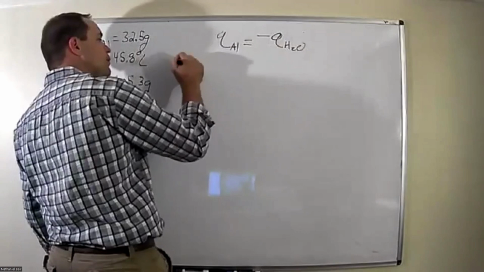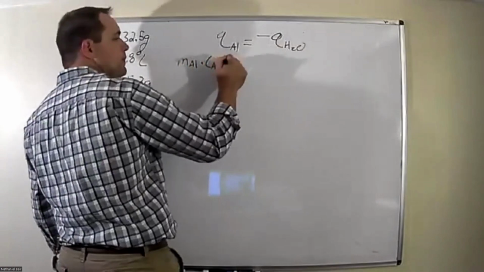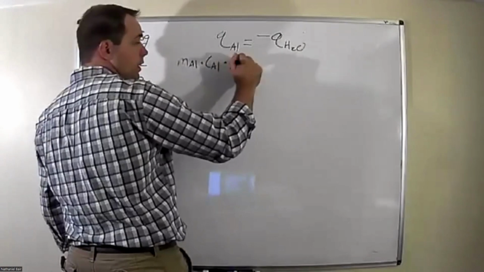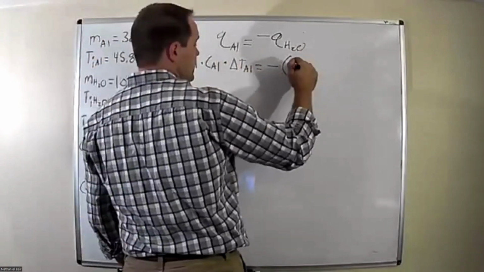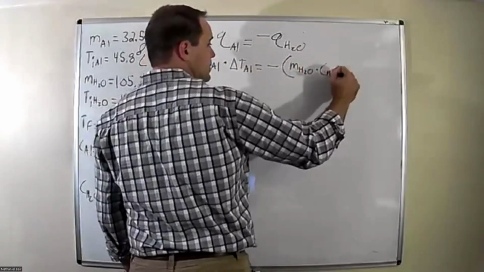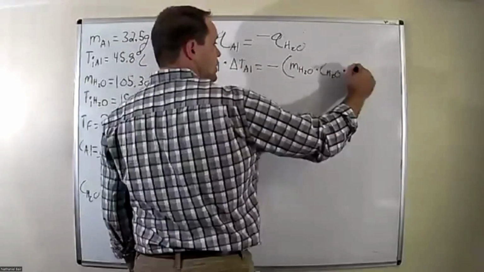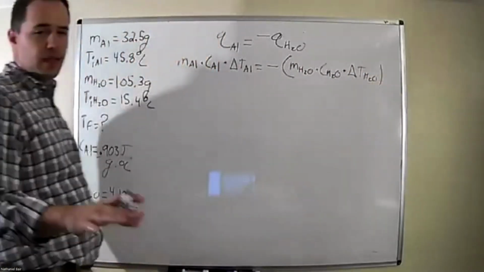So the mass of the aluminum times the specific heat capacity of the aluminum times the change in temperature of the aluminum equals the negative quantity mass of the water times specific heat capacity of the water times change in temperature of the water. Take a second, write that down.